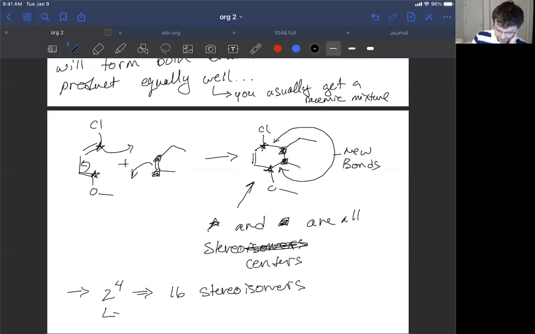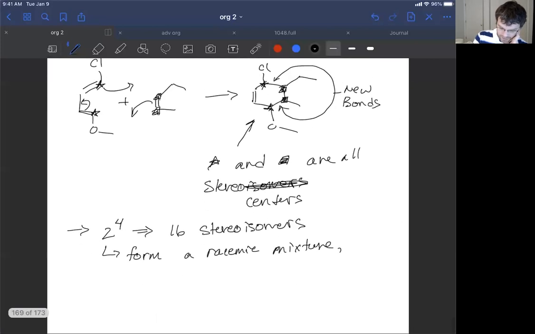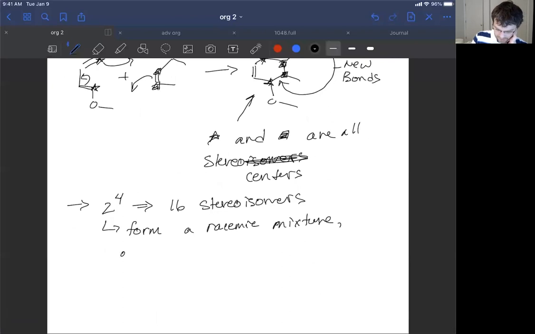Now, what we do know is that we form a racemic mixture. But what's cool is we form a racemic mixture of only one diastereomer.